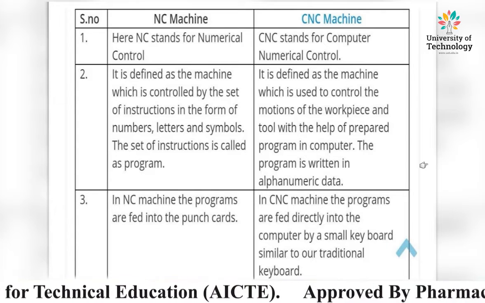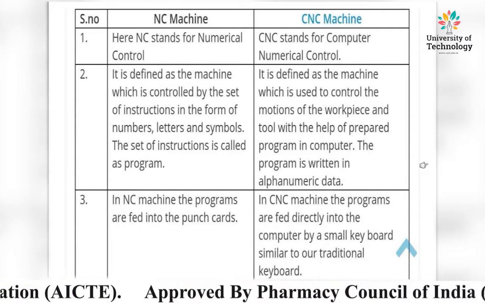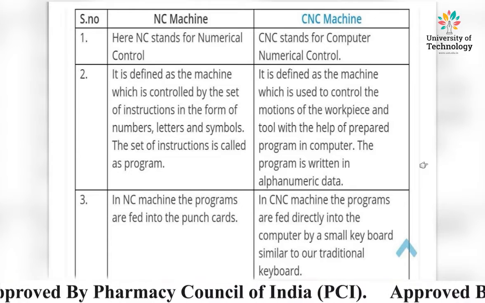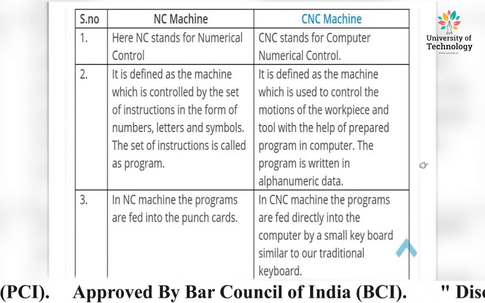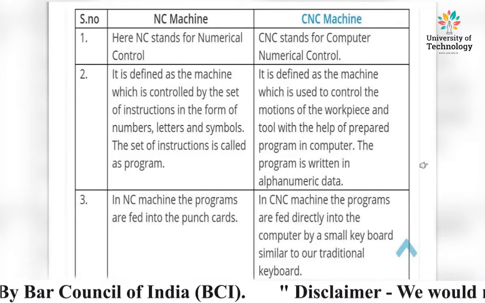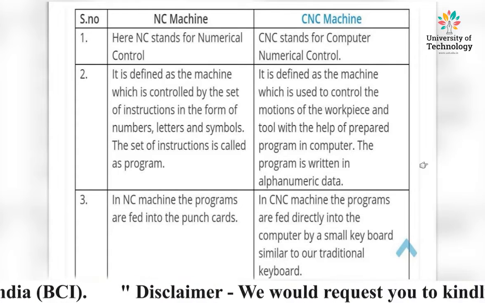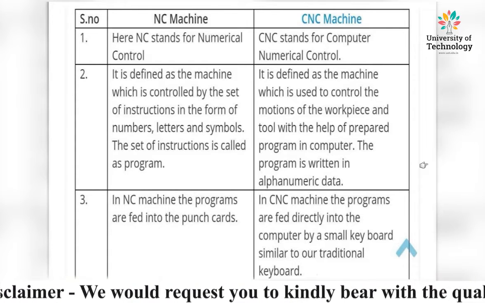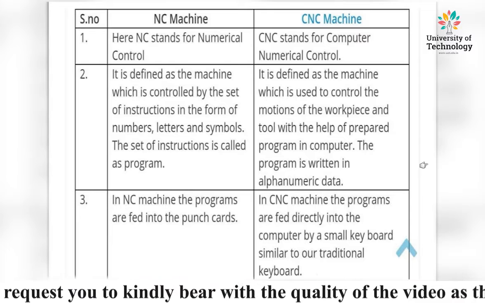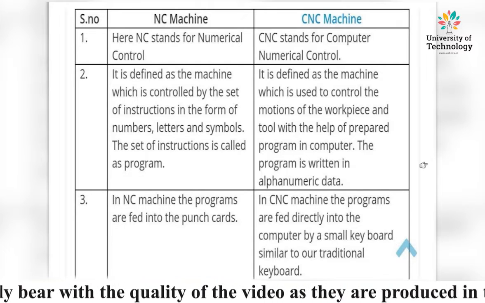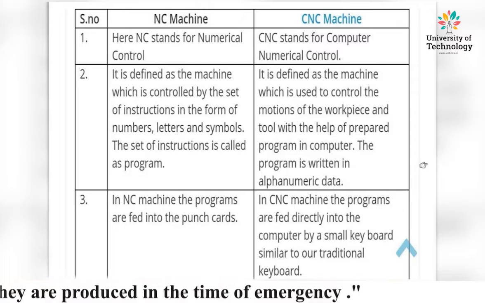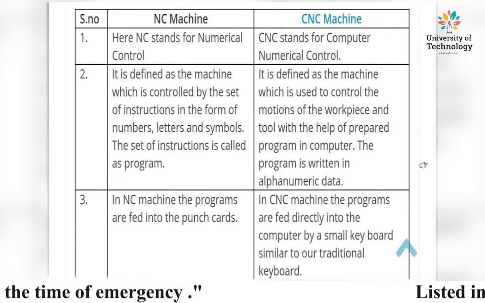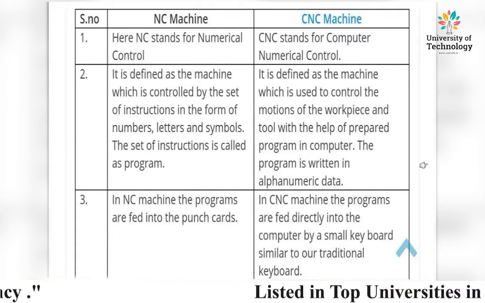The first difference: NC stands for numerical control, while CNC stands for computer numerical control. NC is defined as a machine controlled by a set of instructions in the form of numbers, letters and symbols. The set of instructions is called a program.